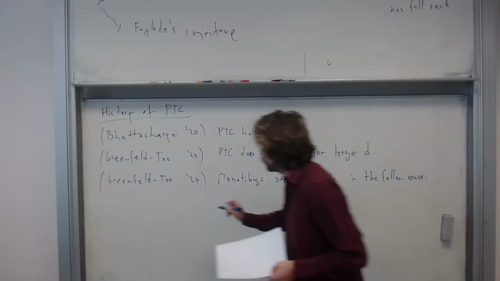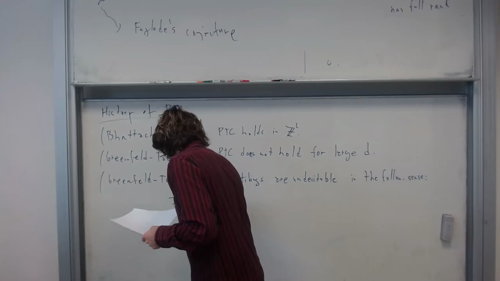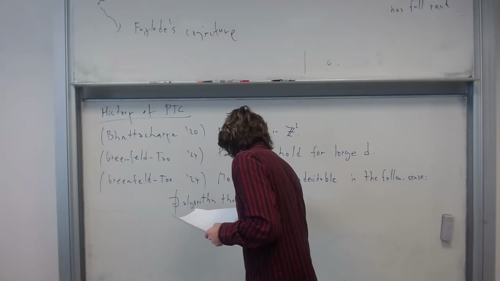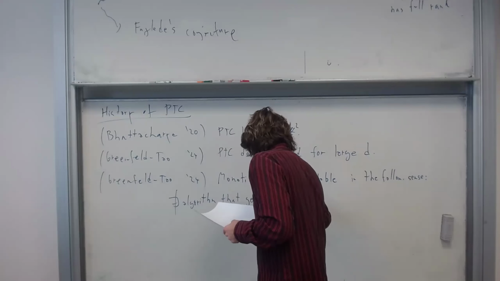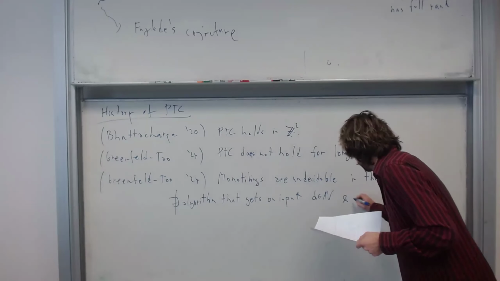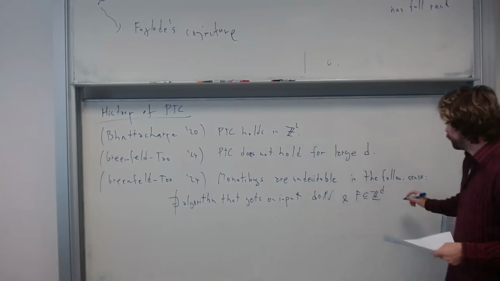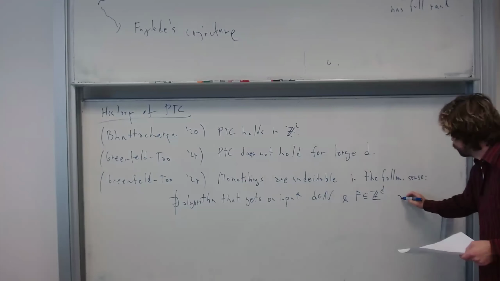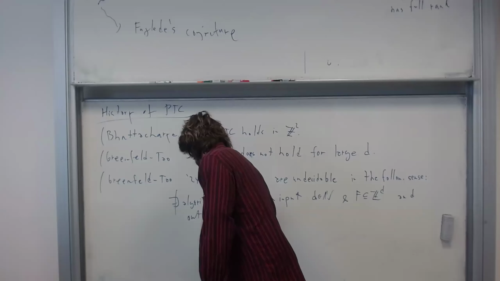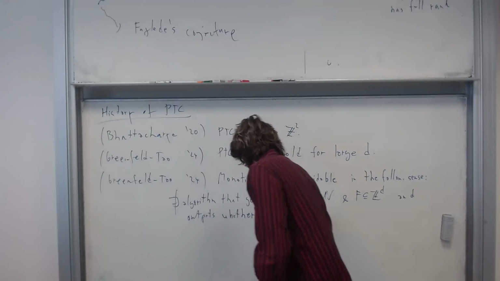So there is no algorithm that gets on input B and a finite subset of Z^D and outputs whether it is a tile or not.